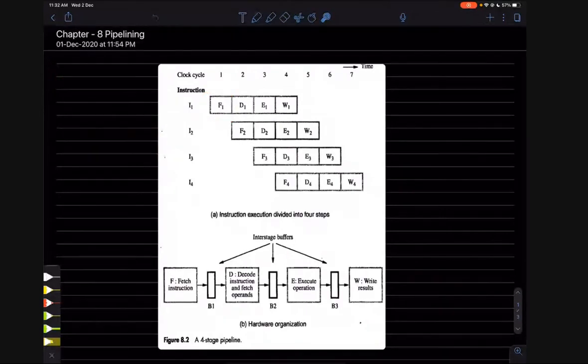But because we have cache in between, and if cache has the data that we are asking for, then we can supply the next instruction in every clock cycle. So that's why we are assuming that fetch will take one clock cycle only, and every other stage will also take one clock cycle.